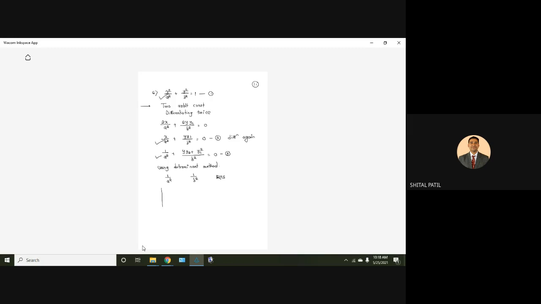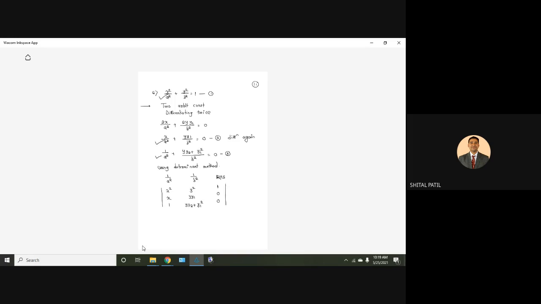What is the coefficient of 1 upon a square? x square, x, 1. Next, y square, y y1, y y2 plus y1 square. Right hand side: 0, 0, 0.